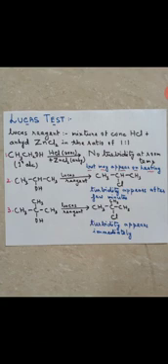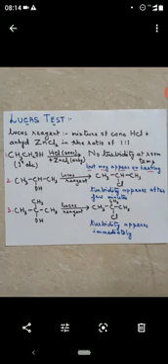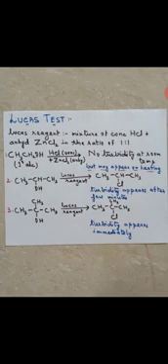Now I have told you that the 3-degree alcohol is more reactive than 2 degrees, more reactive than 1 degree, more reactive than methyl alcohol. The reason is that the OH group is readily released in tertiary, then secondary, then primary, then methyl alcohol. Why? Because the polar bond is maximum in tertiary.